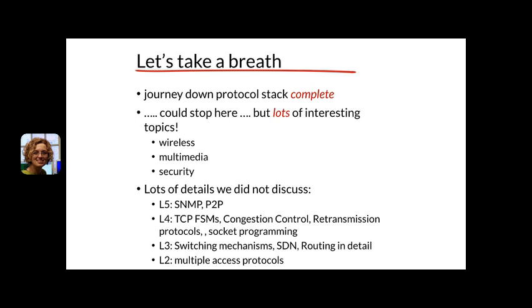If you want to learn more about layer 5 and peer-to-peer and mail protocols, if you want to learn more about TCP, finite state machines, and how they were created step by step, about TCP congestion control, retransmission, socket programming, and actually do some socket programming, take the networking class. And if you want to learn about layer 3, switching mechanisms, SDN, routing, again, the networking class.